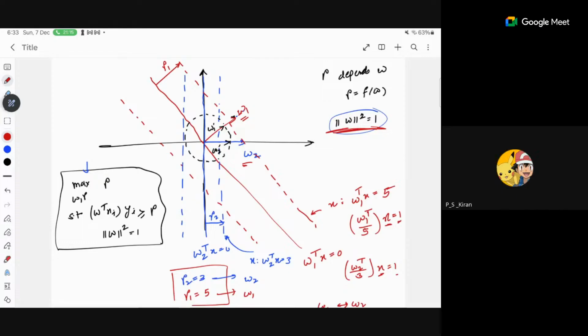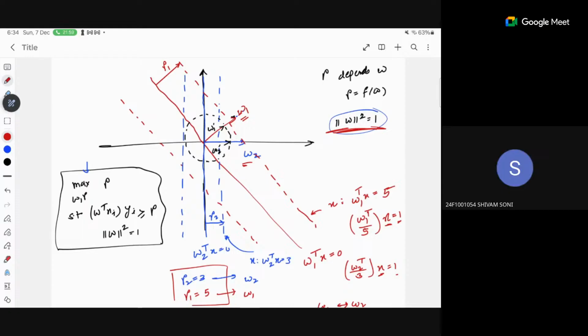If I want to satisfy the second condition, that the margin has to be maximum, then I have to be able to compare W1 and W2. The way to compare W1 and W2 is to make both of them unit vectors, or you can make all the margins the same. If I make all the margins the same, then I can definitely compare this W1 and W2. That was the idea here. I hope it is clear to you, right?